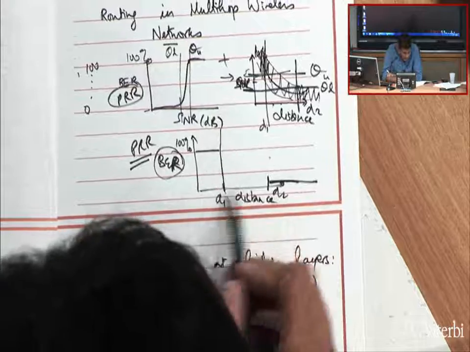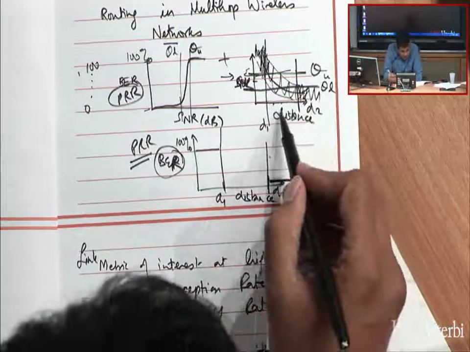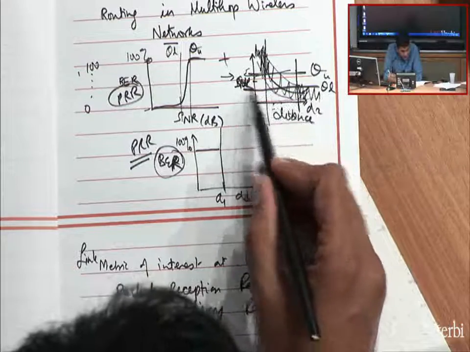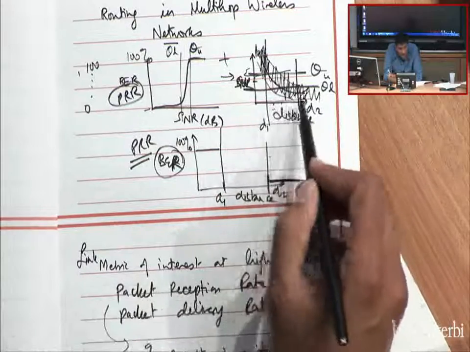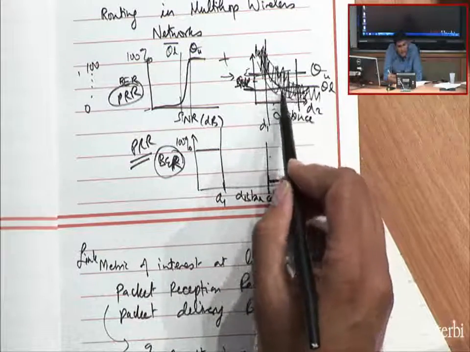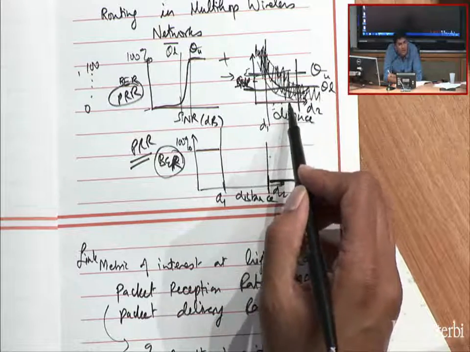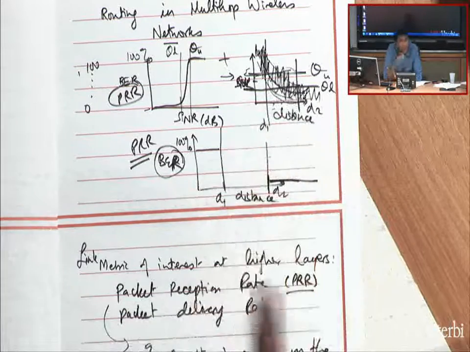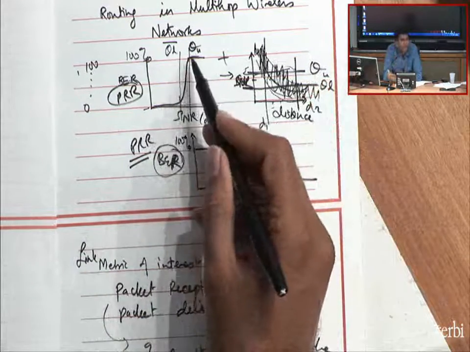But in between these two distances, you're in ranges of distance where the SNR values might be spiking above and below, and sometimes they may be above the upper threshold, sometimes below the lower threshold, sometimes somewhere in between. And all of this variation due to multipath fading gets reflected in a big variation in your packet reception rate.